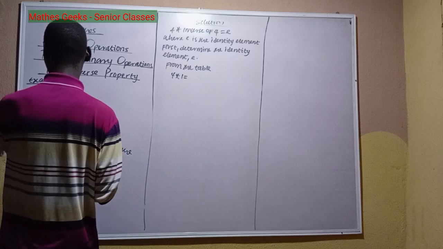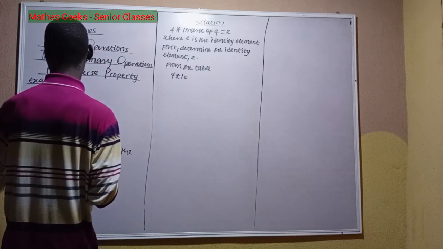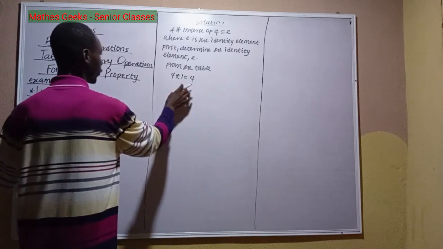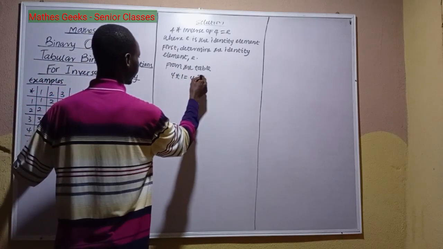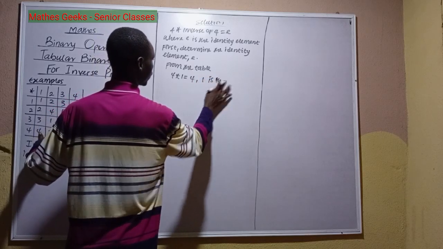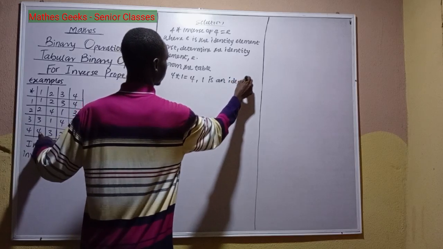What's the result? 4 star 1 will give us 4. So from the table, 4 star 1 is 4. So 1 is an identity.